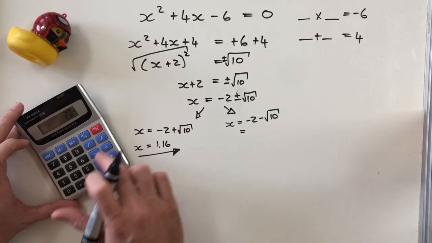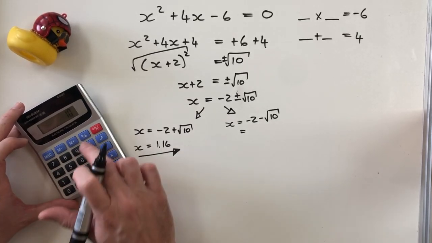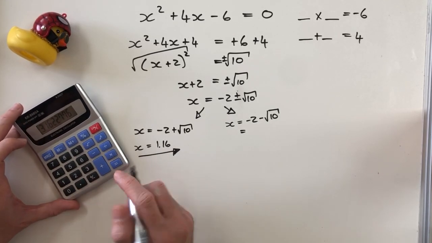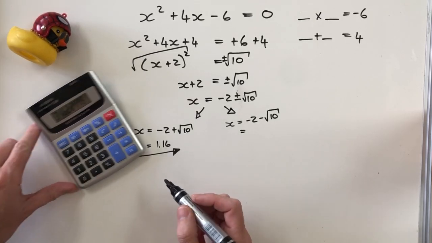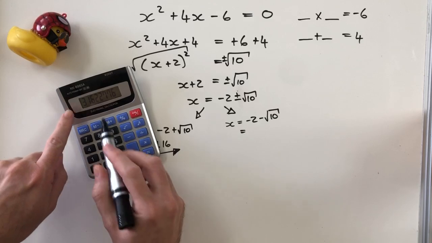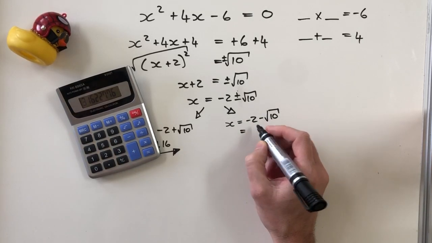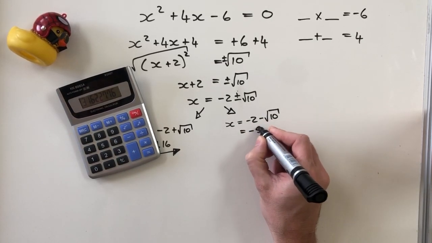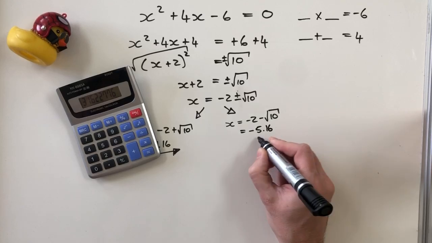That's actually a negative number, but I have a very silly calculator, so I can't do the negative bit in here. But just assume that is -3, and then -2 would be -5.16 something.